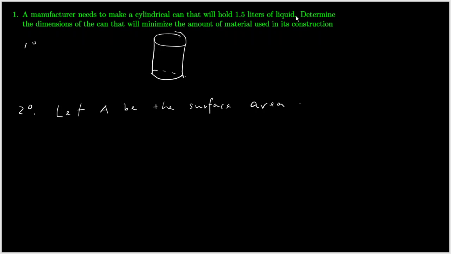You can check the formula online right now, but it's better if you can remember the formula for the surface area of the cylinder. I'm trying to say the surface area of the cylinder depends on what? I believe you can imagine. Later on I will tell you the formula, but the formula is in terms of the base radius and the height.